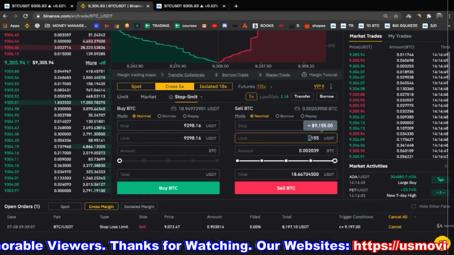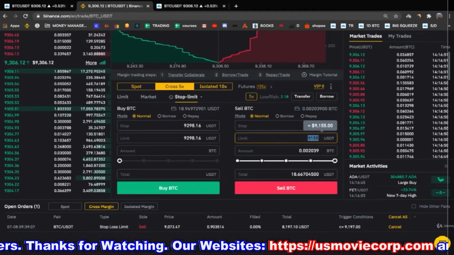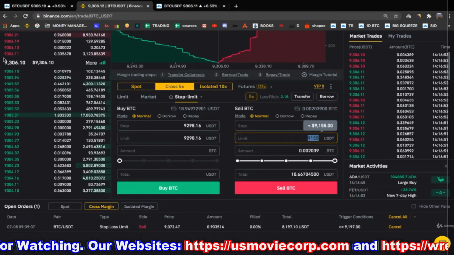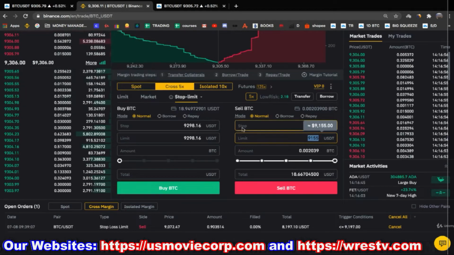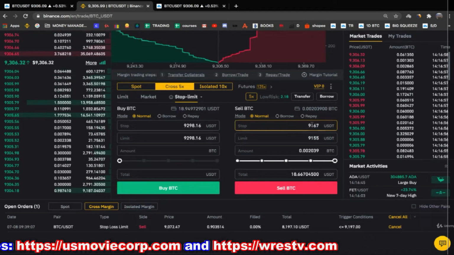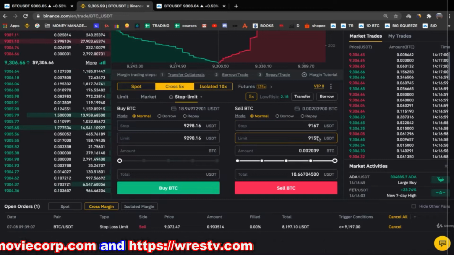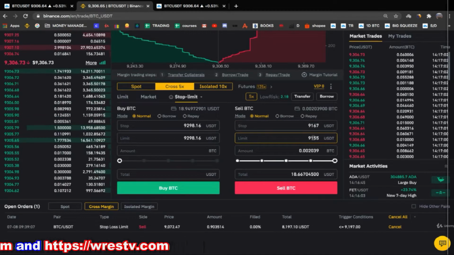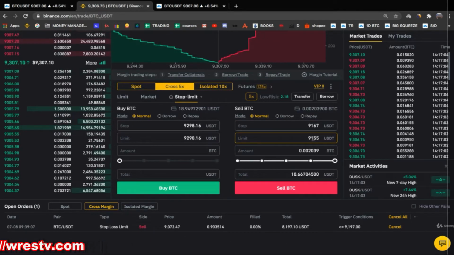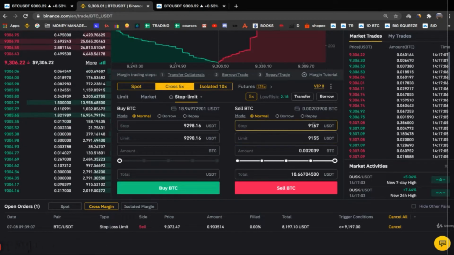Now this is key here, guys, to understand. You are not really going to sell at this price. You are going to sell at the current market price, which of course is going to be around this level, right? So the price that you will get for your order is going to be close to this price.